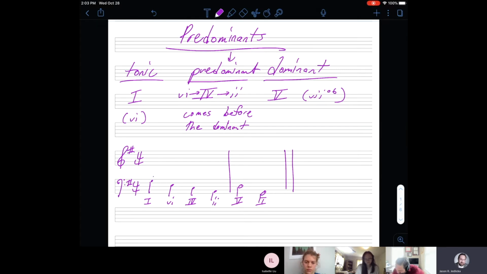And then we'll fill these out here. In fact, does this progression sound familiar? You guys have done it before, well, not this exact one.